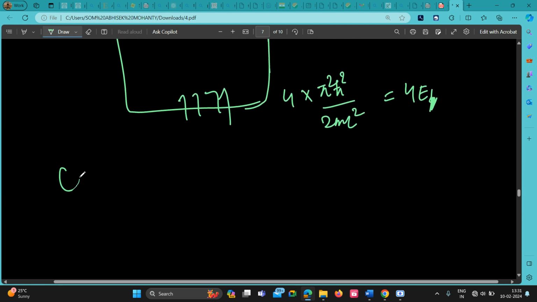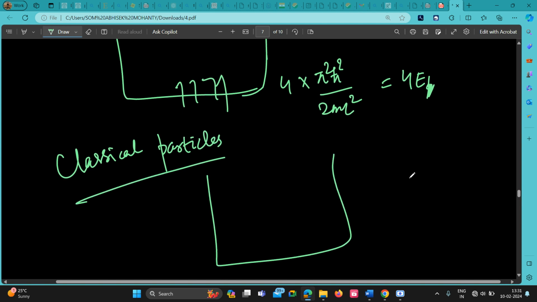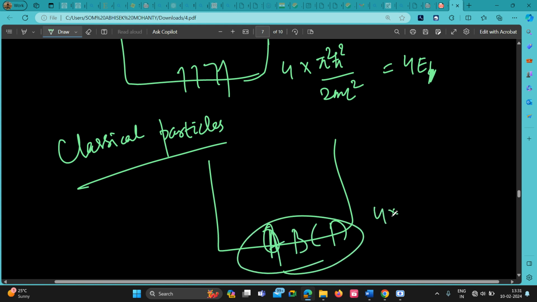Now your classical particles. Classical particles are also distinct, and there is no restriction here. There is no Pauli exclusion principle or anything else. I can arrange A, B, C, D distinguishable, but all can be in one state. So 4 into pi square h cut square by 2mL square, which is actually 4E1.